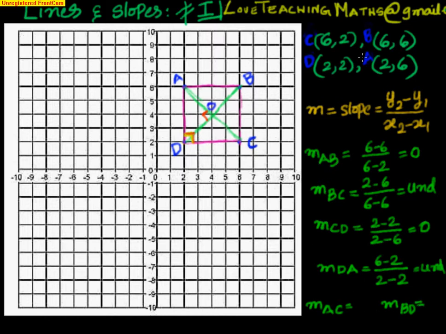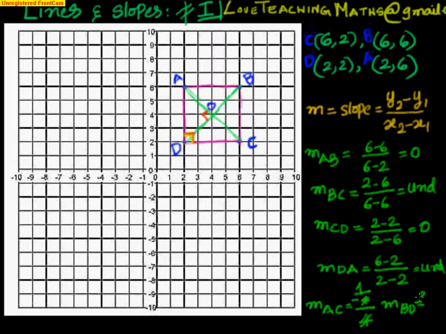For AC, 2 minus 6, that's minus 4, divided by 6 minus 2, that's 4. This is nothing but minus 1. For BD, D minus B in y coordinates: D's y coordinate is 2 and B's y coordinate is 6.